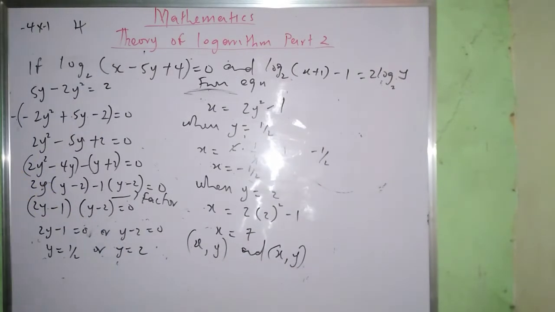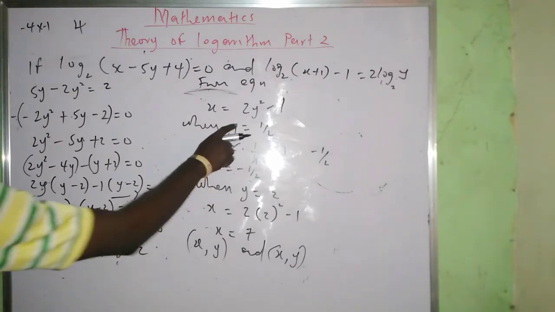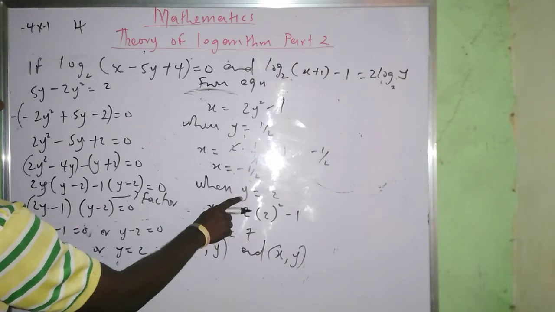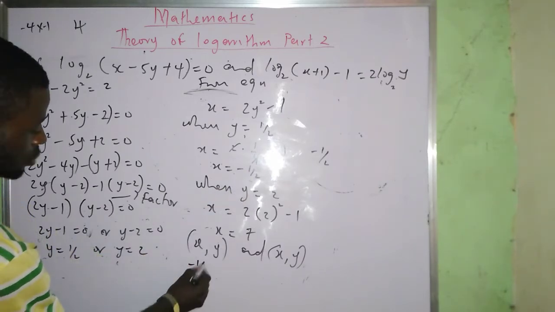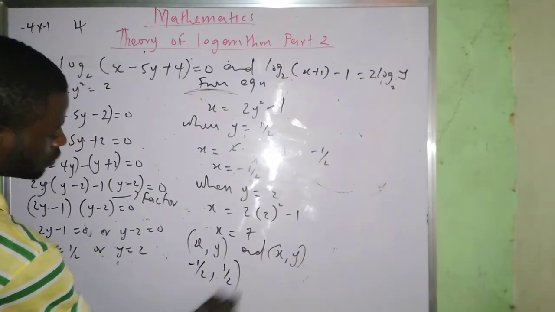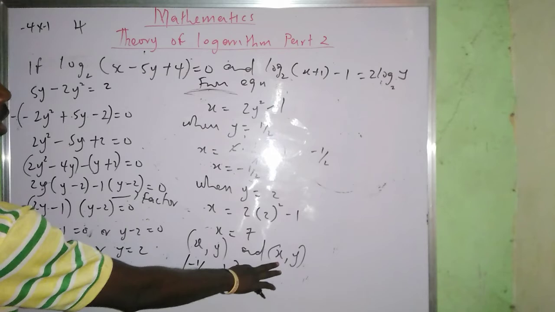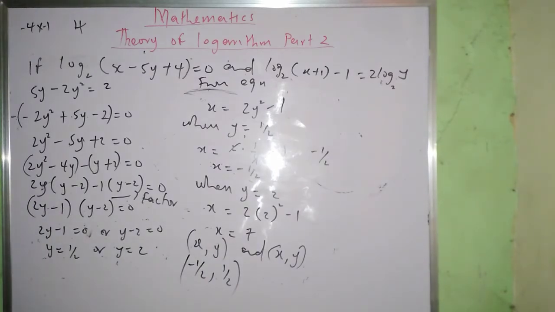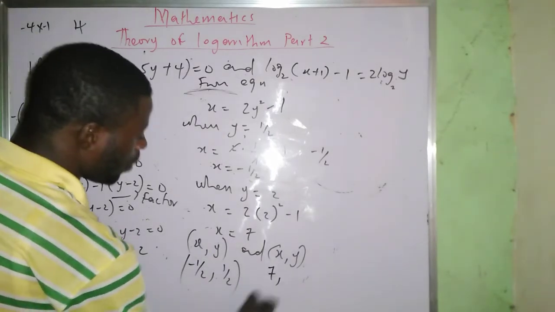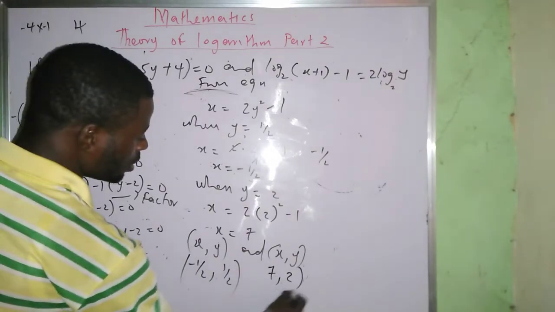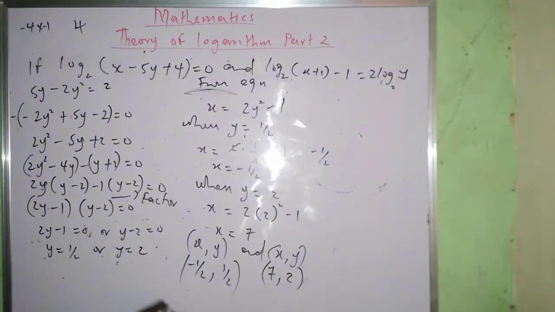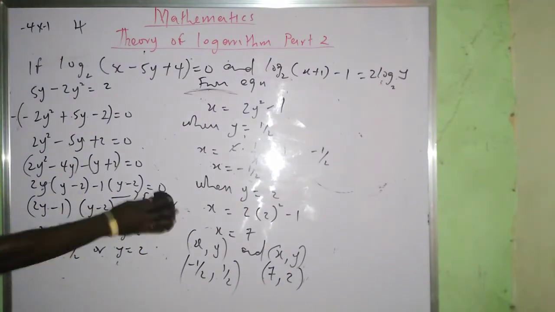I can do it like this. Produce a coordinate. That is why we are solving simultaneous equations. When my x is minus 1 over 2, comma, 1 all over 2. And also, when x is 7, I have 7, comma 2. That is my possible value. This is x, y. That is coordinate anyway. That is all about that.